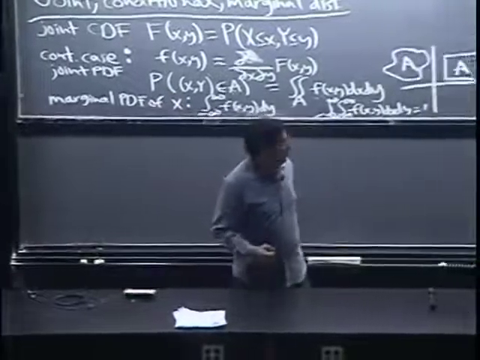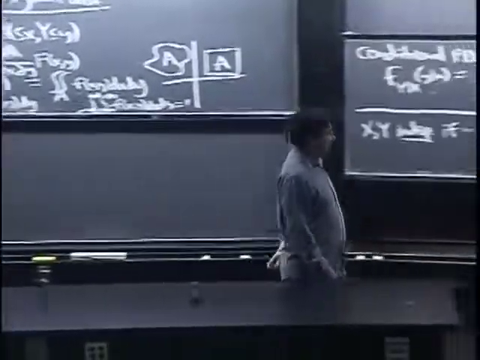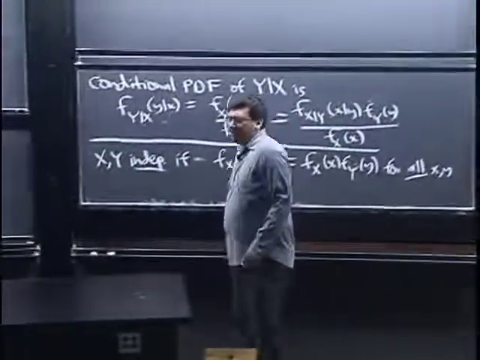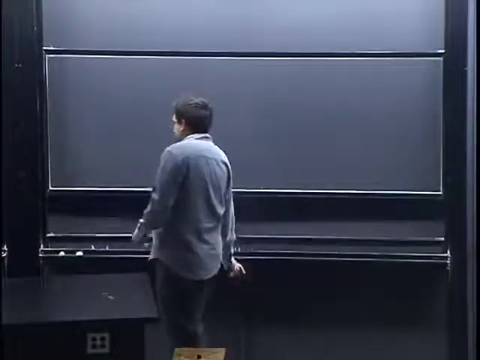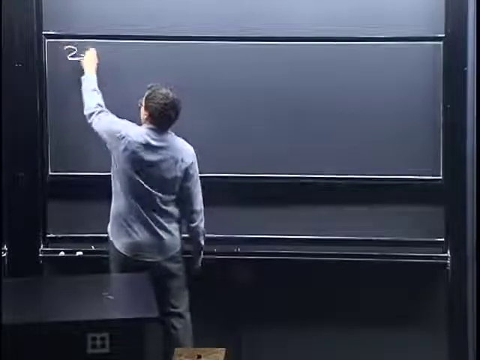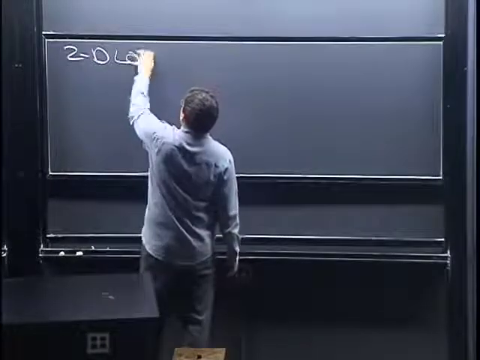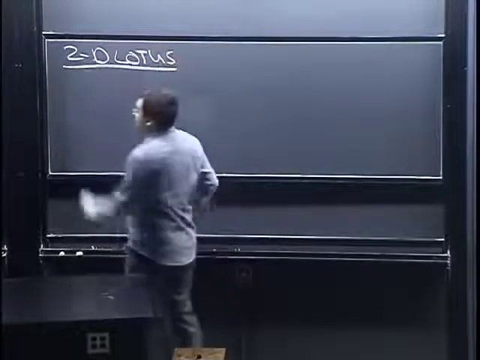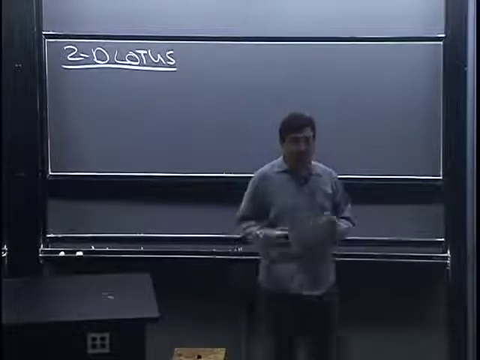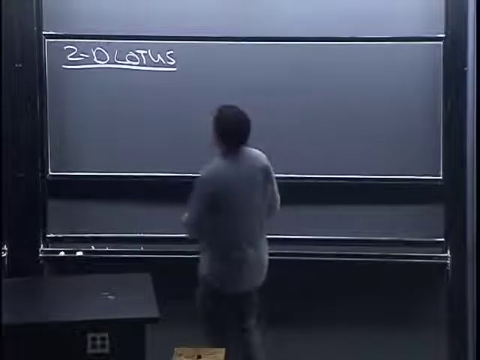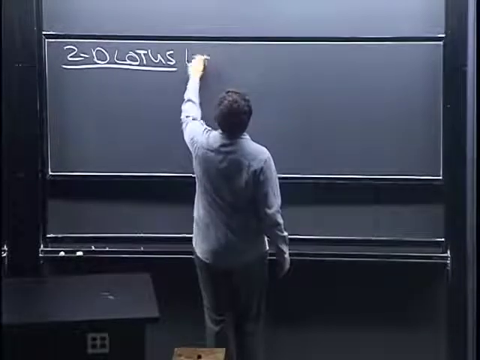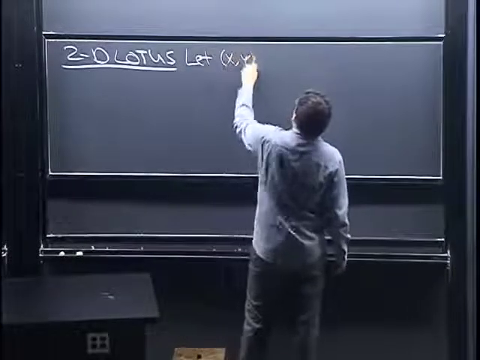I wanted to mention one more thing that's analogous to the one-dimensional case, and that's what I call the 2D LOTUS. And it's completely analogous. So we want to do LOTUS where we have a function of more than one variable. So let's let X, Y have a joint PDF.